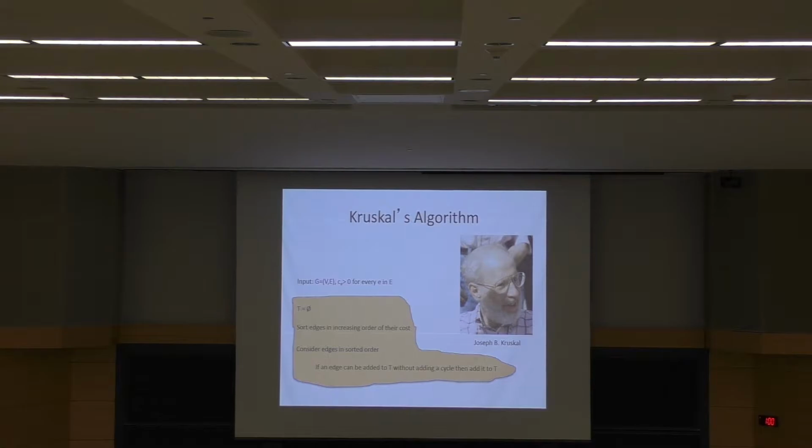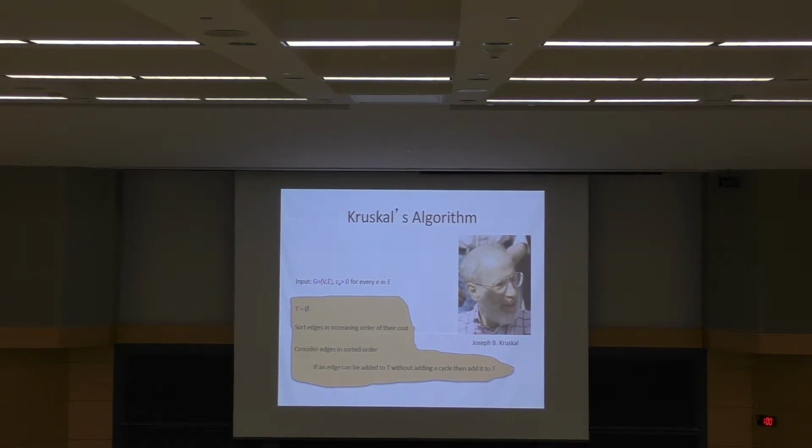All right, so we were looking at the minimum spanning tree problem last time, where you're given a connected undirected graph G, and every edge has a cost. What you want to figure out is a minimum spanning tree of that graph, which is defined as picking a subset of edges that connect all the vertices.